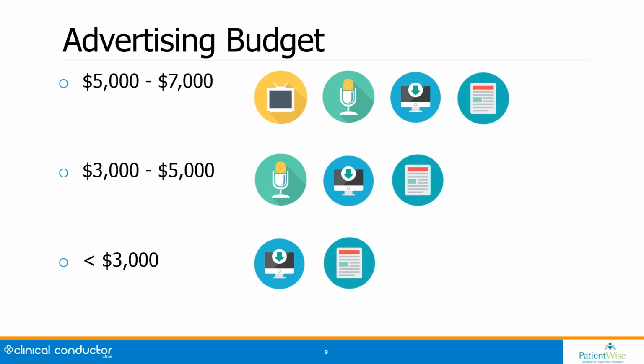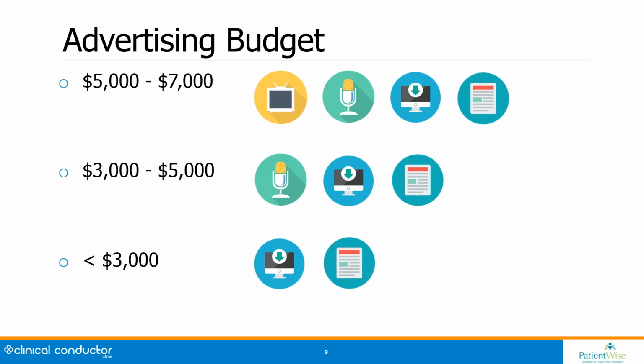So between 5 and 7 is probably the higher end. Depending on your market, you probably have a pretty decent TV campaign with that type of budget, and you could also throw in some print ads, digital ads, radio ads, whatever mixture you come up with there.